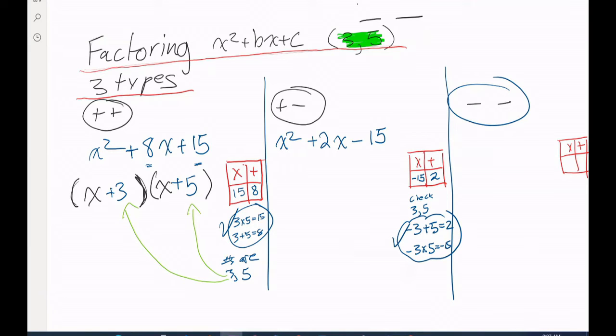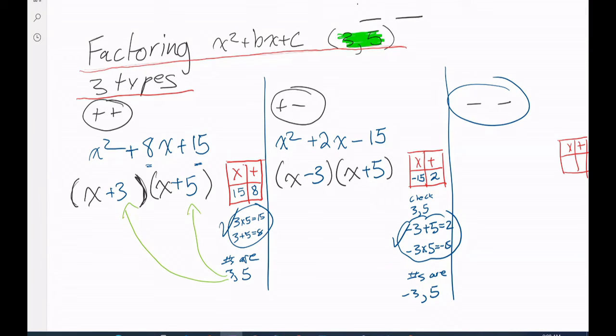So I'm going to give myself a check mark there. Whew. So that means the numbers are negative 3 and 5. So when we write our solution, we put our brackets, we put our x in front, and then we're going to use minus 3 and positive 5 as our answers for our brackets when we're factoring.